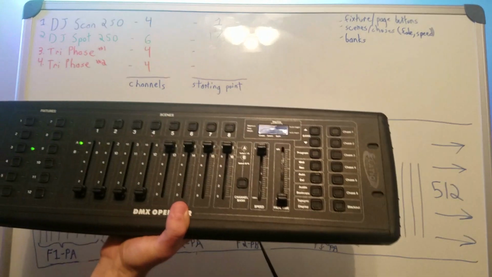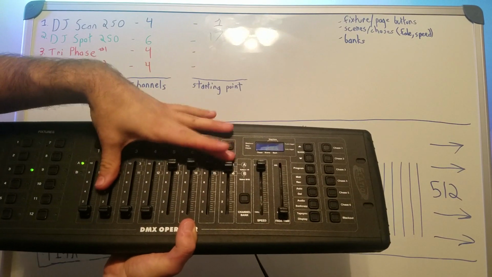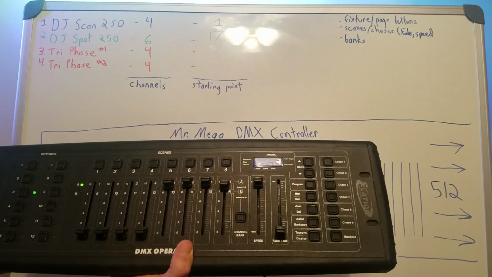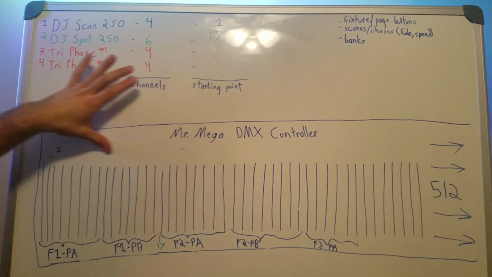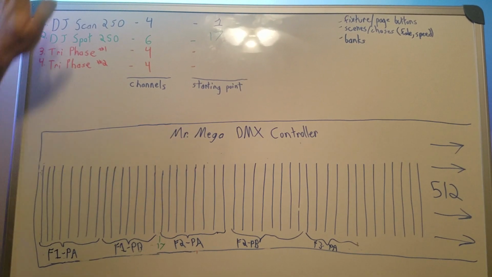So looking at this controller again, we figured out, okay, this is what the fixtures mean, we know what the channels mean, and we know what this button means. But what's all the other stuff here? Well, looking at the controller, and again, the controller does not care what the lights are doing.